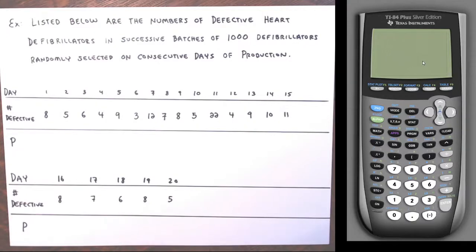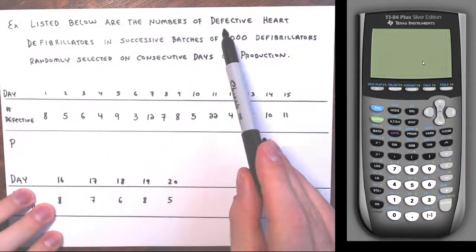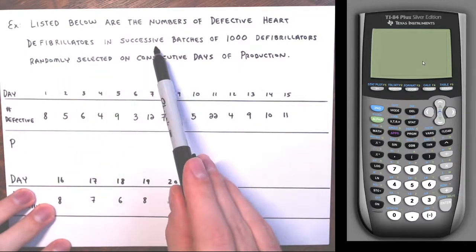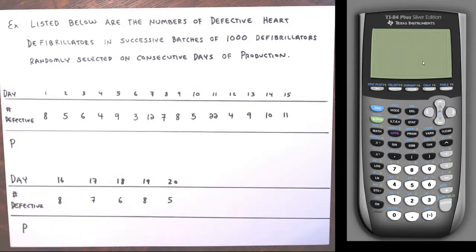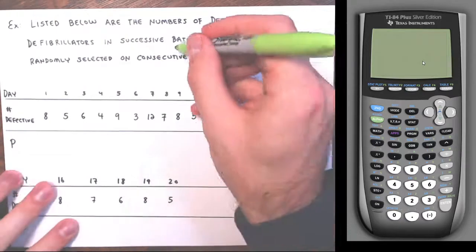We're not actually running a defibrillator manufacturing plant or whatever. But let's just take a look at the problem. Listed below are the numbers of defective heart defibrillators in successive batches of 1,000 defibrillators randomly selected on consecutive days of production. So this is 20 days in a row, batches of 1,000.